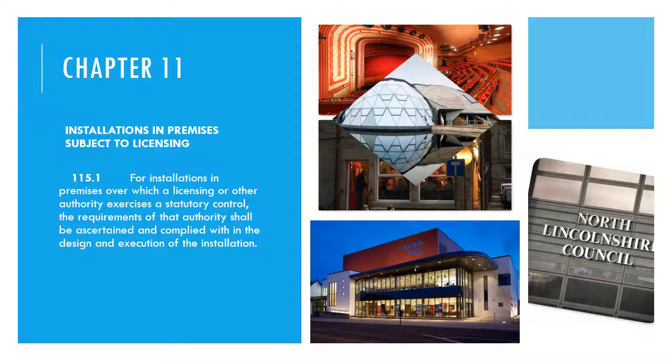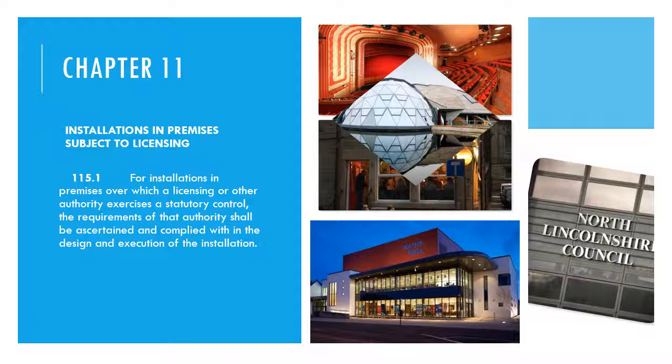115.1 installations in premises subject to licensing. Now, we have all these rules and regulations in this book which cover all installations up to 1000 volts. However, if that installation takes place in licensed premises, then if a license has to be issued for the premises, the licensing authority has an overall statutory control over that.